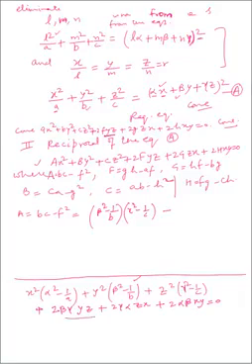So this is beta gamma square. Simplify it, it comes beta square upon c plus gamma square upon b plus beta square gamma square.